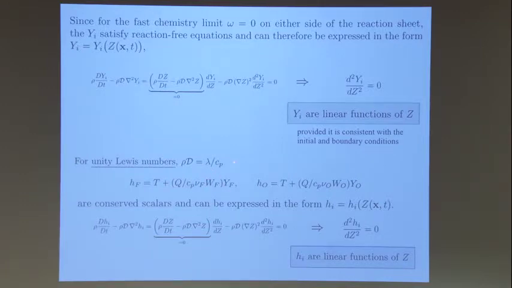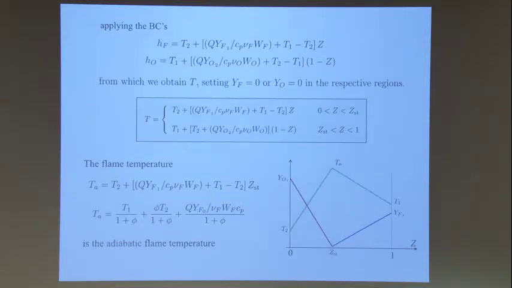So where there is no fuel, HF is just the temperature. And from this relation, where there is no oxidizer, HO is the temperature. So the HF and HO give you immediately the temperature field in terms of this mixture fraction. In particular, as I said, the flame temperature is this.